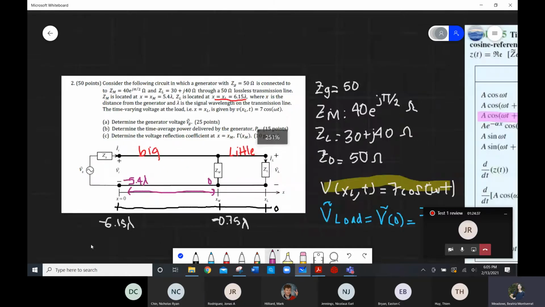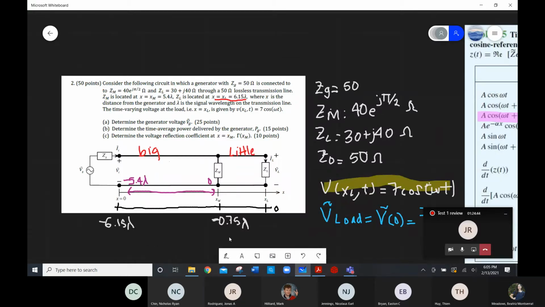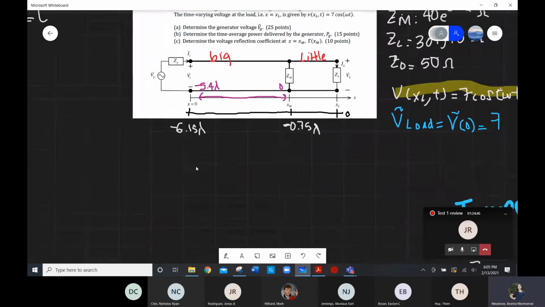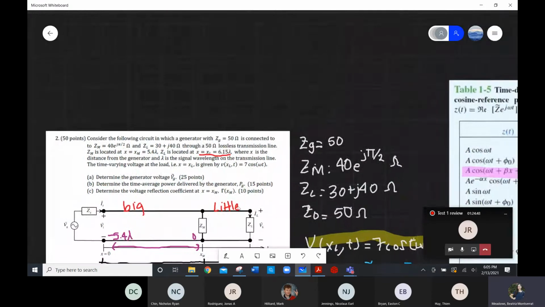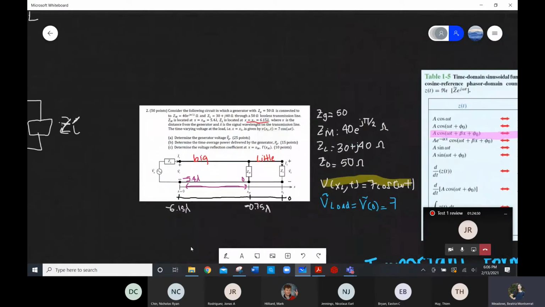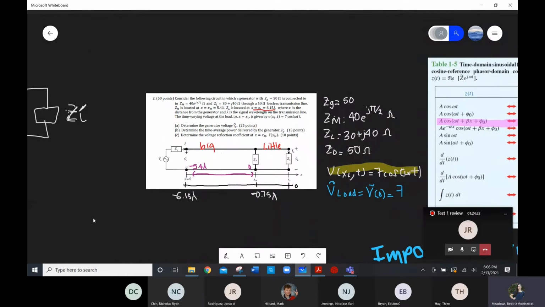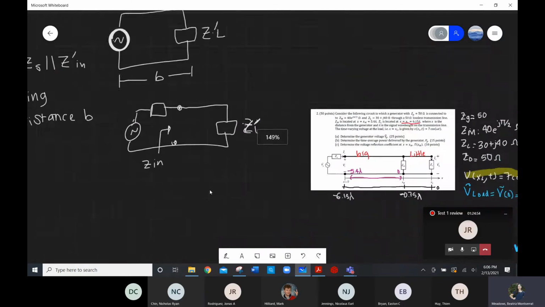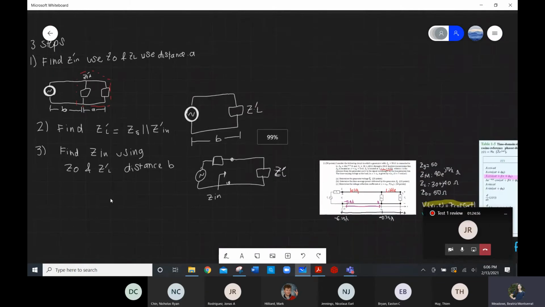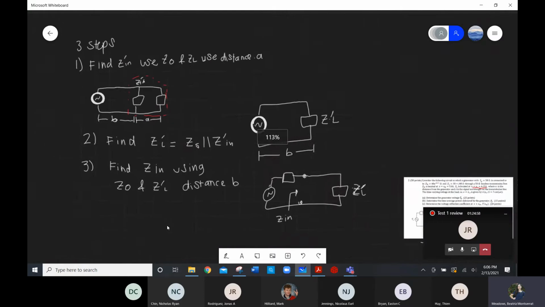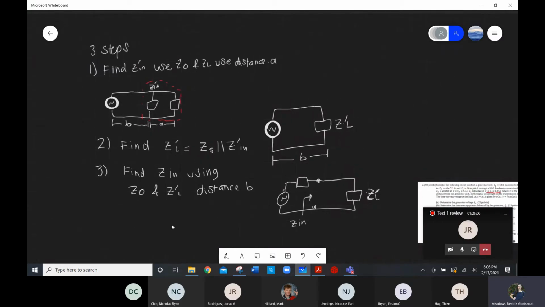Okay, so we established our convention. Now that we established this convention, I actually wrote for you my 3-step approach for solving a problem like this. So take a screenshot of this and then write it later on your notes.